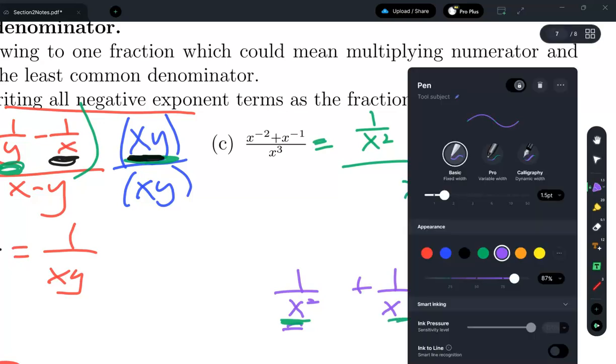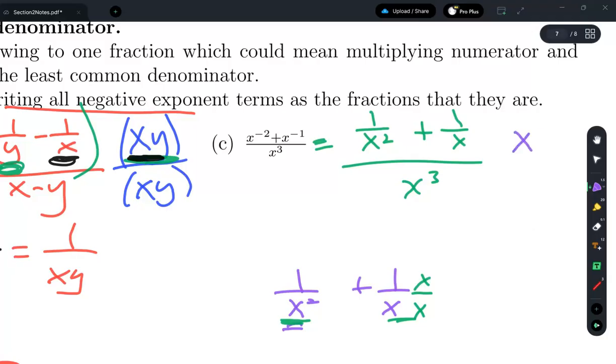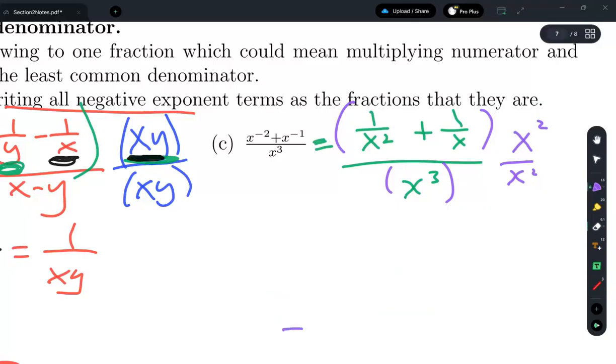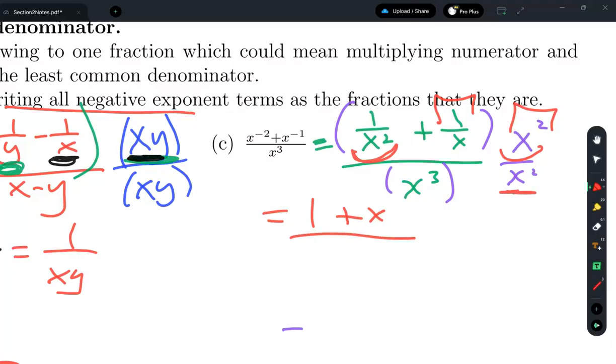So I'm going to multiply numerator and denominator by x squared. Then I'm looking at canceling as I go. This term times this gives me 1. And this term times this gives me x. And then x cubed times x squared, you add their exponents, that gives you x to the fifth.